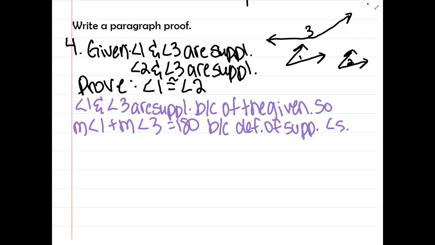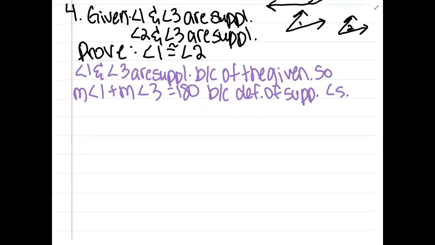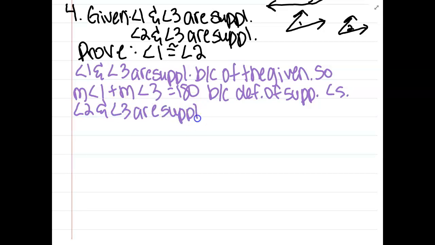Okay, then we're basically going to do the exact same thing, but with that second given statement. Because, I mean, it's the same thing, right? If 2 and 3 are supplementary, it means you can add those together. So angle 2 and angle 3 are supplementary because of the given.